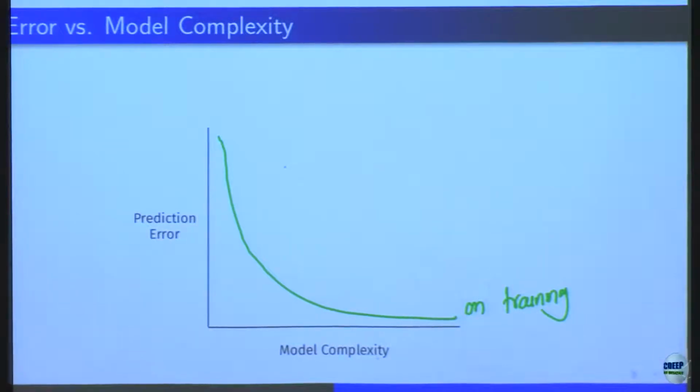I'm not going to draw them on the same scale, though often the error will be slightly higher on the test even in the beginning. It might increase again and decrease again, but this is roughly the tendency you expect.